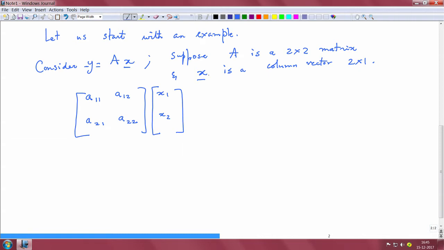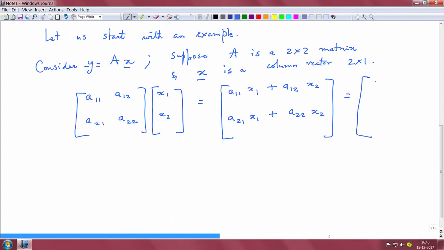Okay. Now, if you compute this, this is a11 x1 plus a12 x2, this is a21 x1 plus a22 x2, and this is the vector y composed of elements y1 and y2.